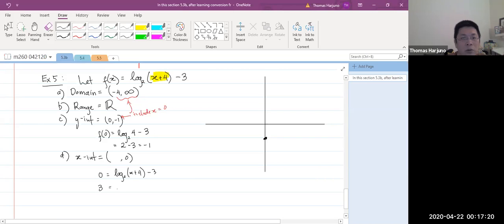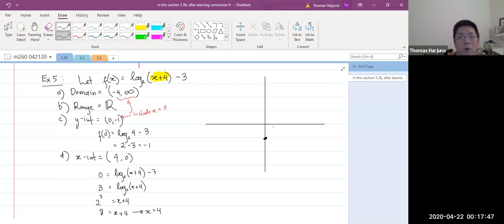That's 3 equals log base 2 of x plus 4. Change it into exponential form: 2 to the power of 3 equals x plus 4. That's 8 equals x plus 4. So x will be 4. So the x-intercept is (4, 0).